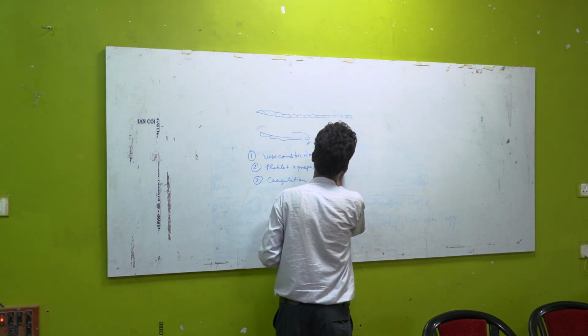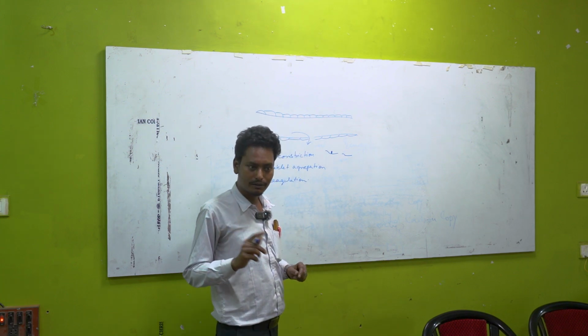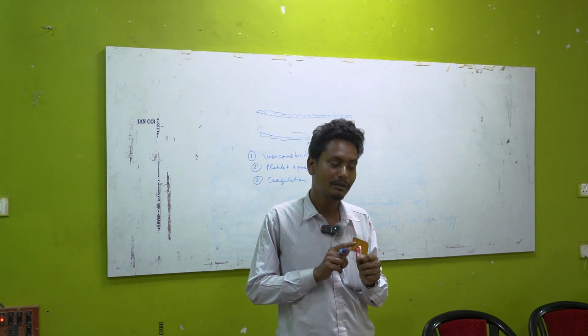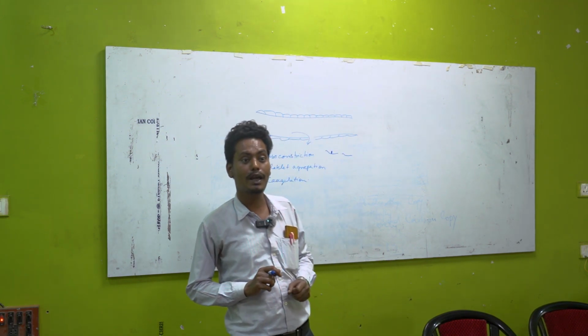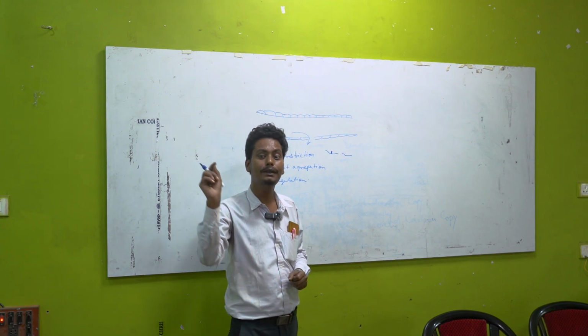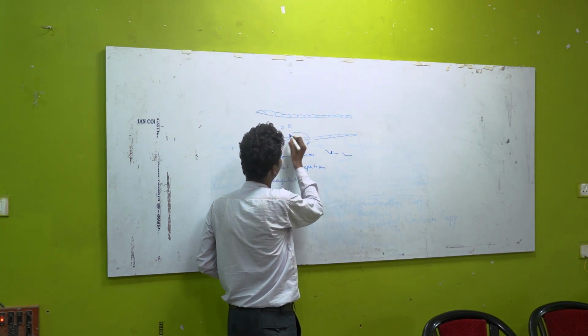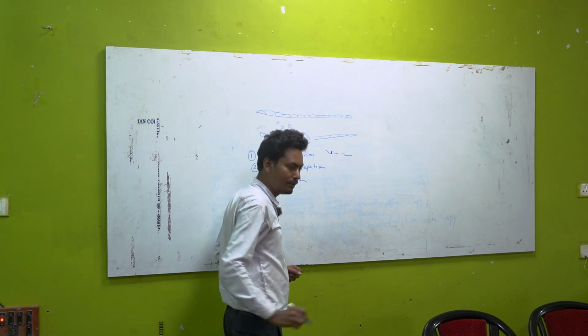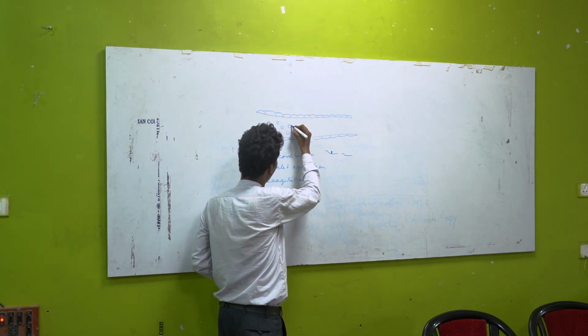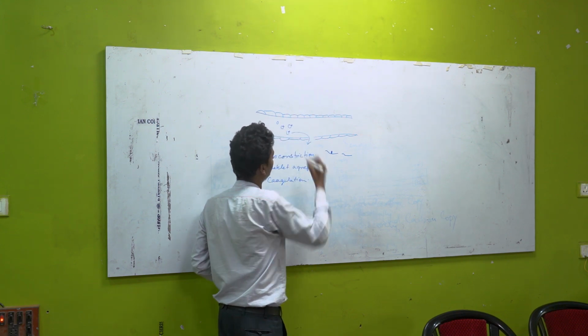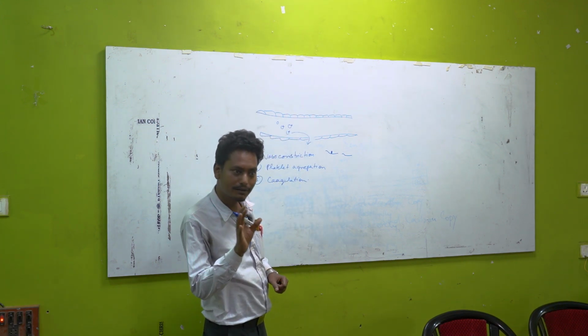Suppose this is VWF. Each platelet surface contains VWF receptor, that is known as GP1V receptor. Each of the platelets are here. These are inactive platelets. Each inactive platelet expresses GP1V receptor on their surface.